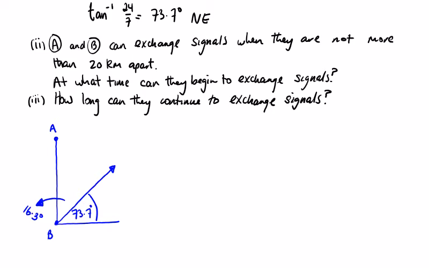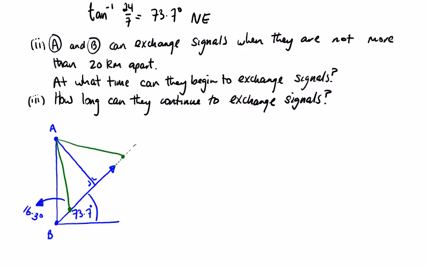And we have our closest position here with my right angle. And then when they begin to exchange signals, let's say they're somewhere along here and somewhere along here.